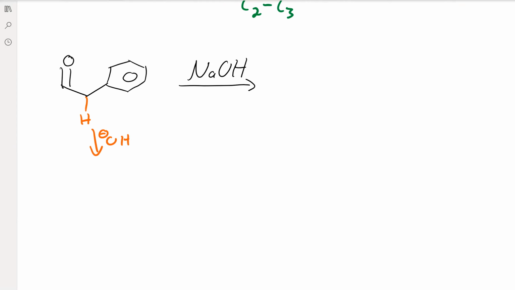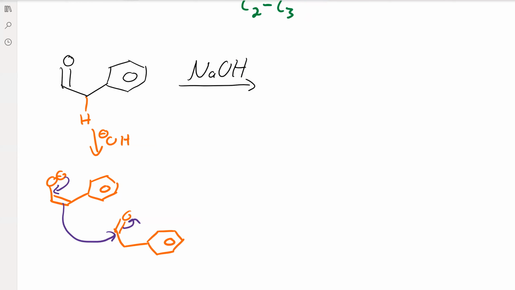So on one side, we're going to have our enolate. And then we're going to have some leftover aldehyde that's in the equilibrium and that has yet to be reacted. And then it's going to do a reaction with itself, essentially, right? We're going to do this enolate attack with itself, essentially.